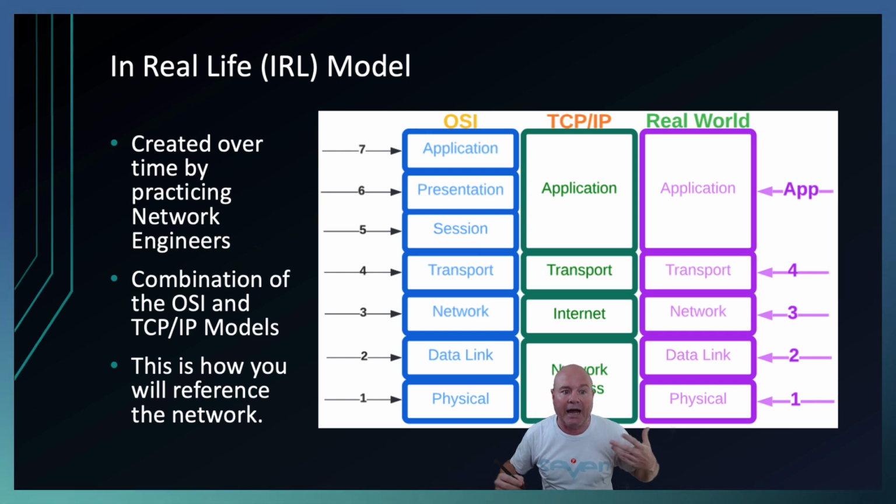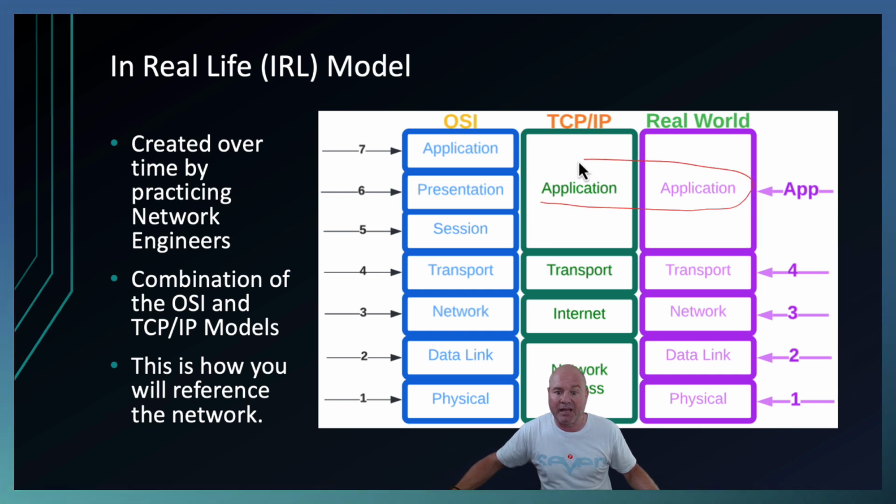In the IRL model, and there's nothing official about the IRL model, but as a network engineer, a network architect, or somebody that's working on the network, these are the terms that you will be using, I guarantee it. When we break these terms down, as you can see, we kept the application layer the same, and we just call it application.